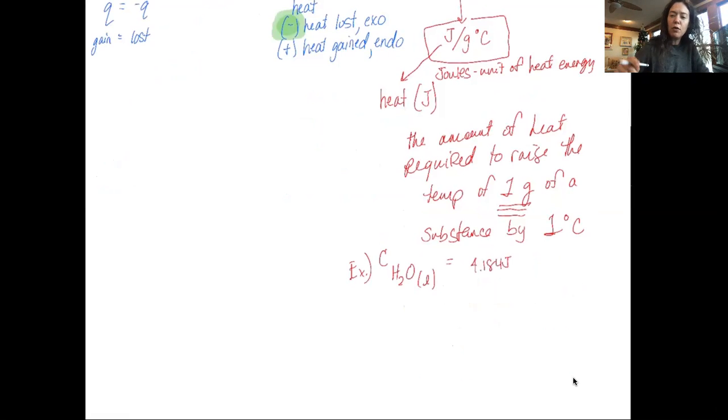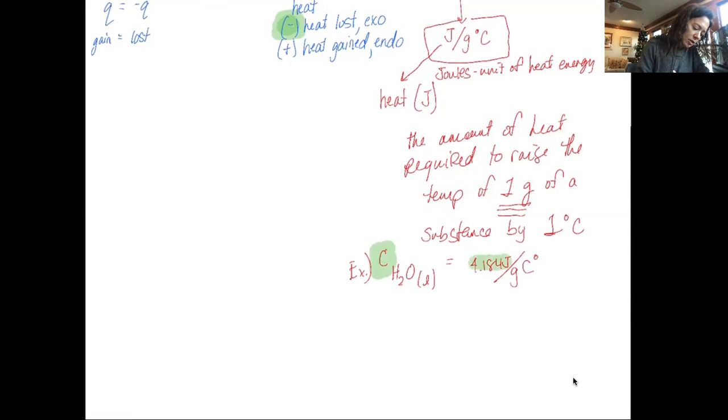So 4.184 joules of energy, maybe coming from the sun, is required to raise the temperature of 1 gram of water 1 degree Celsius. Okay? So that's what your specific heat tells you.